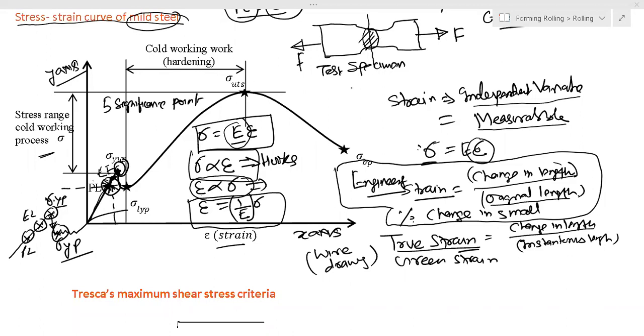Because the material resists that yielding, once it starts yielding, even if you don't apply more force or stress, strain increases. Strain increases means the change in length increases. So it is all about the internal mechanism, how it breaks.